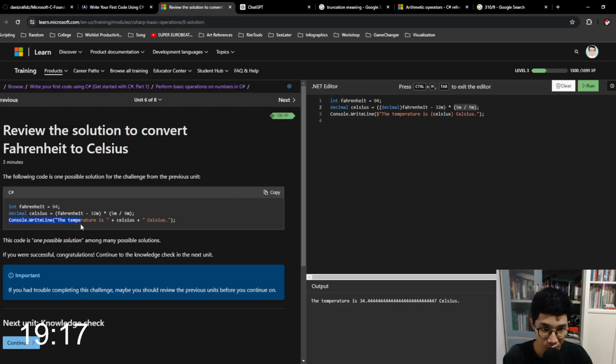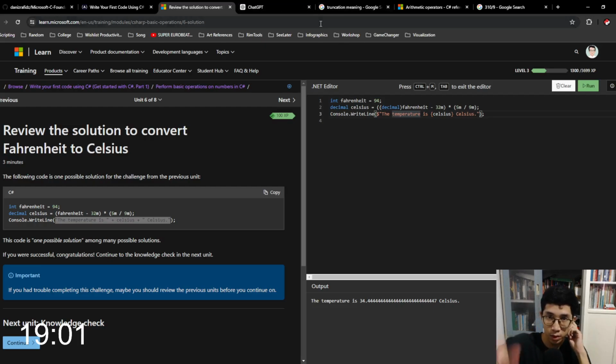Okay, Console.WriteLine, the temperature is plus Celsius. This literal string is used without the interpolation method. It's interpolation.